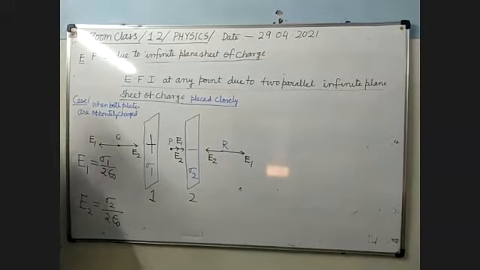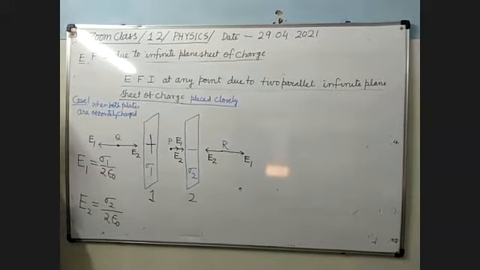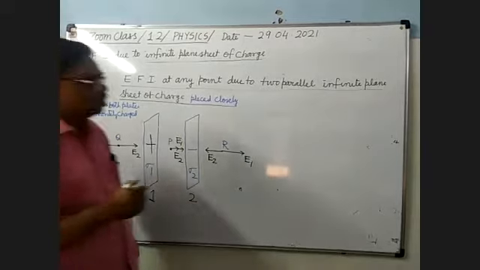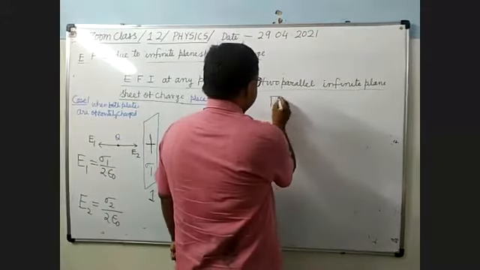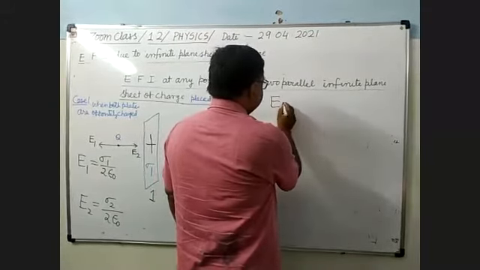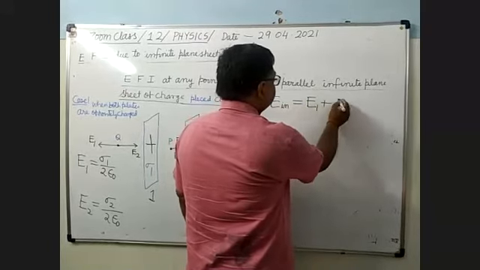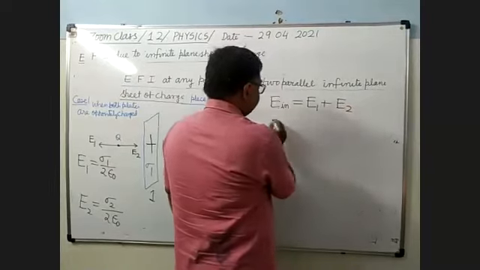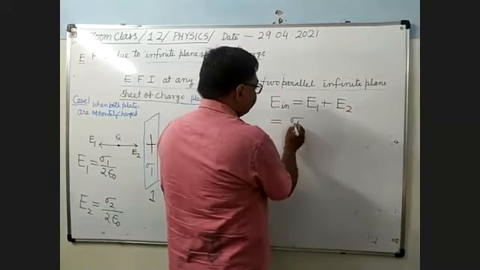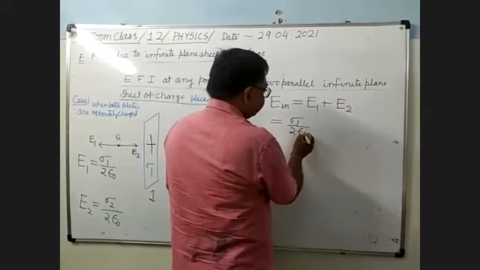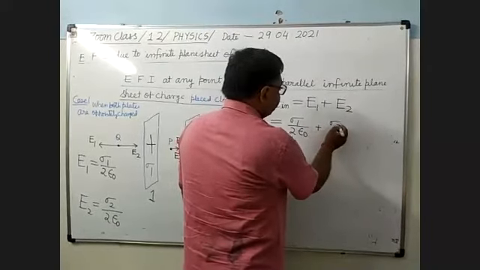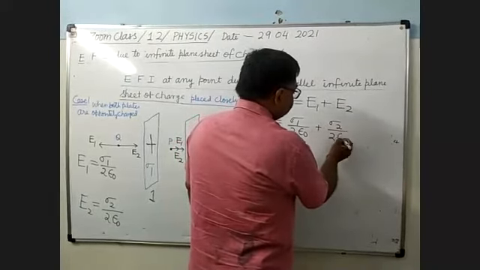So what will be the net electric field here? Who can tell? E1 plus E2. So E in equals E1 plus E2, that is sigma 1 upon 2 epsilon naught plus sigma 2 upon 2 epsilon naught.